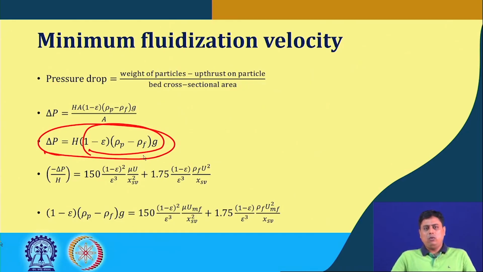Fine. Now, if you recall the Ergun equation, we can write this expression, because the flow is happening upward in a packed bed until the minimum fluidization velocity. This relation should give you an estimate, if not the accurate answer, for the pressure gradient, because until that minimum fluidization velocity the bed is not fluidized.